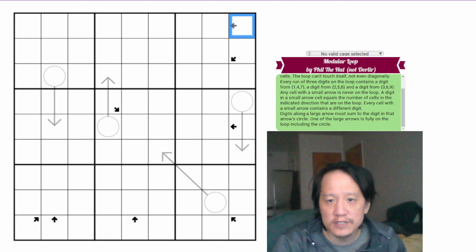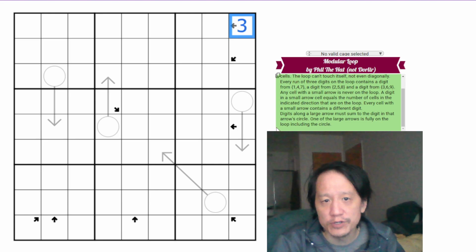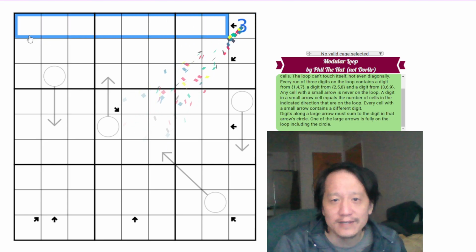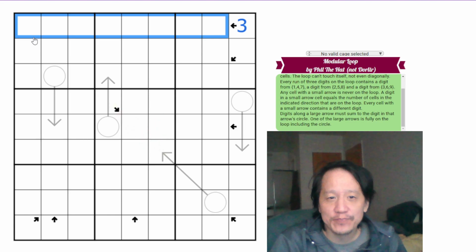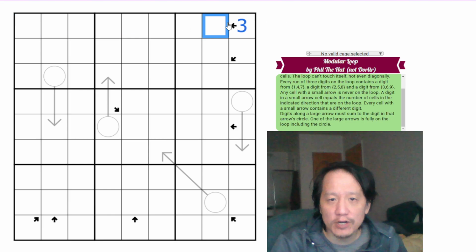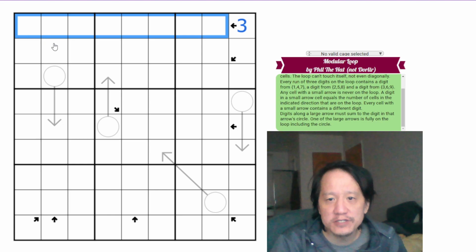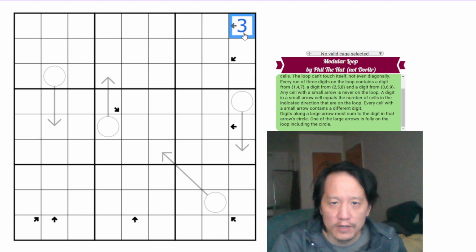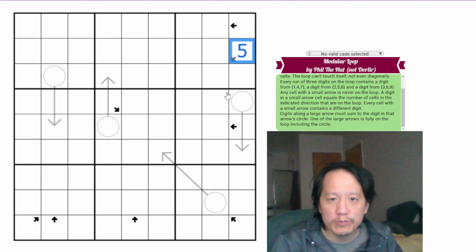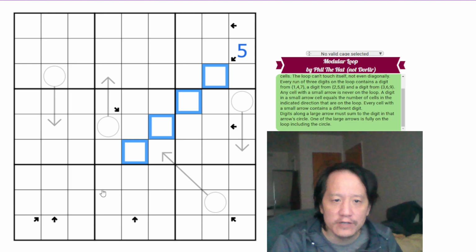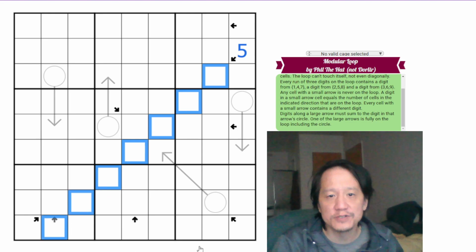If this was a 3, that would mean in the direction the arrow points, there are 3 cells that are on the loop. And for example, say this one was 5. That would mean along this diagonal, there are 5 cells on the loop.